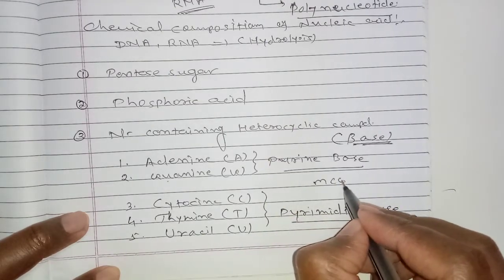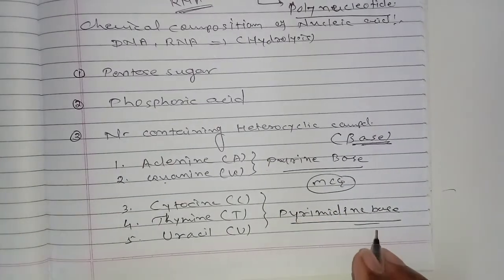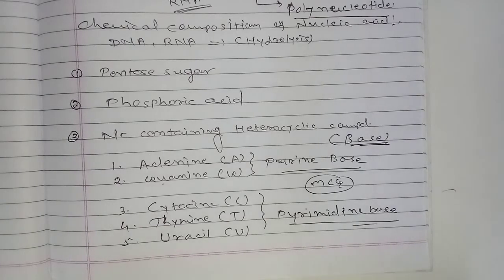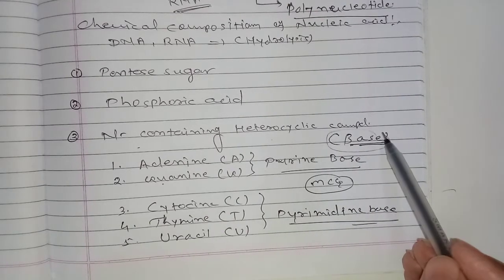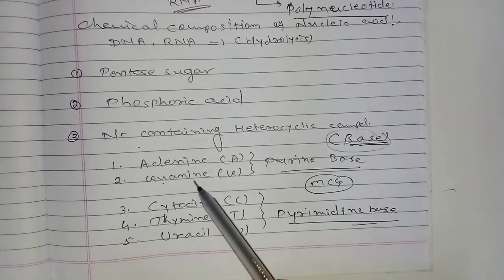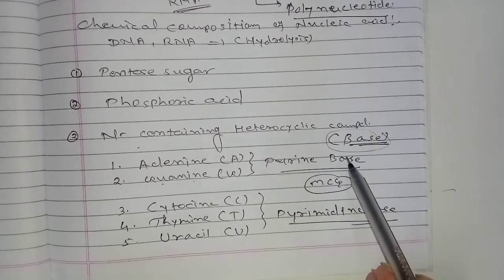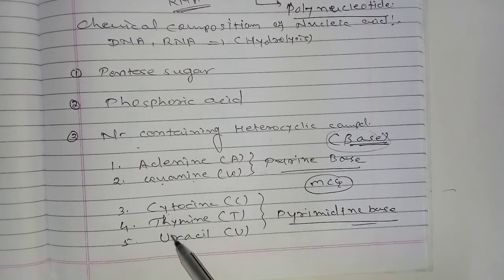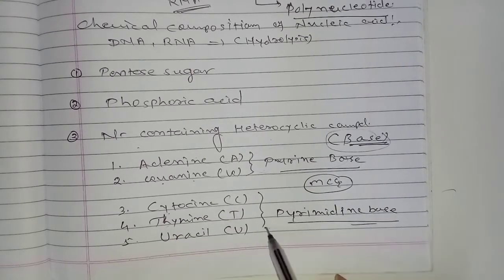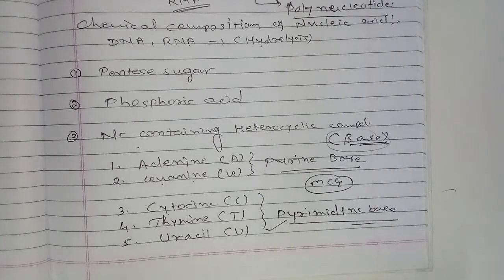Also important for MCQ. Mainly 5 nitrogen containing heterocyclic compounds, and they are called bases. Adenine, guanine are purine bases. Cytosine, thymine and uracil are pyrimidine bases.